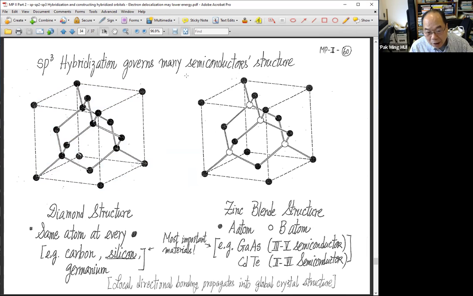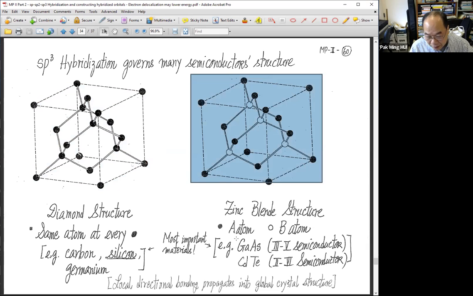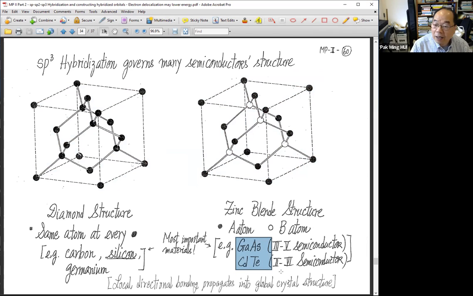If the two atoms are of different kinds here, black dots and open dots, then it is this kind of also money-making semiconductor. For example, cadmium telluride, I think it is used to make night vision glasses.